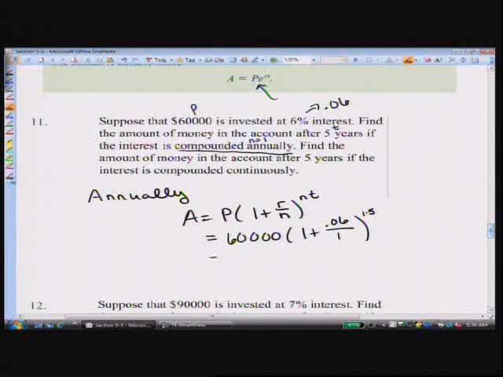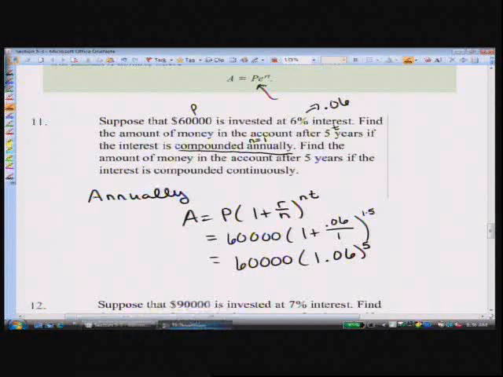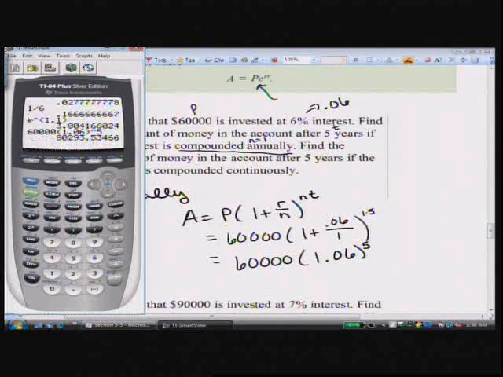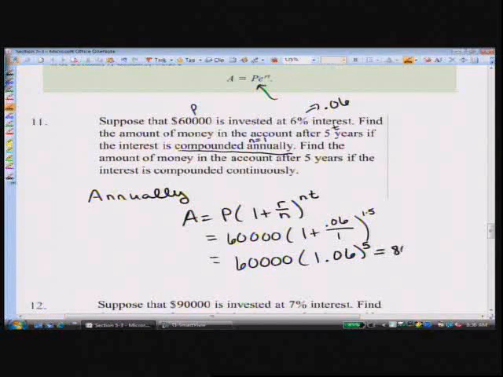So on this one, you can just write it as 60,000 times 1 plus 0.06. So you can just, if you see, that should be 1.06 to the 5th power. So we can type that into our calculator, 60,000 times 1.06 to the 5th power. And we get $80,293.53.